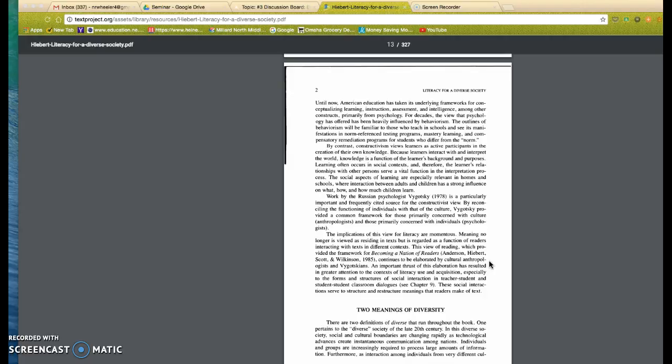We really need to dig in and make the classroom about all cultures, and it shouldn't just be broken up into, we're going to study this culture this time, and that culture the next time. It really should be a fluid classroom with all cultures represented within our literature and within our teaching.